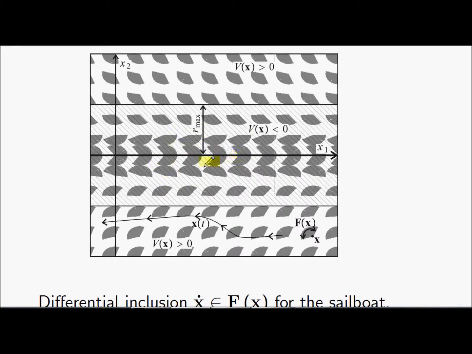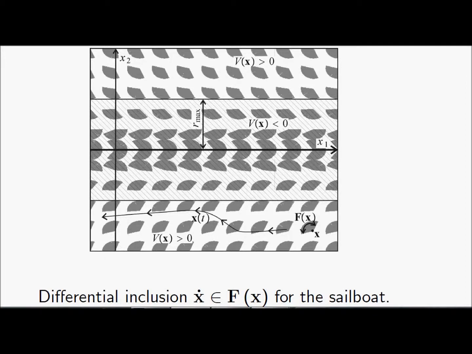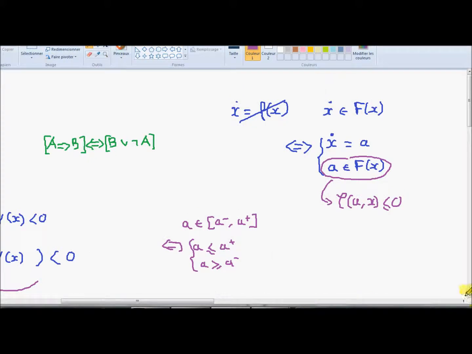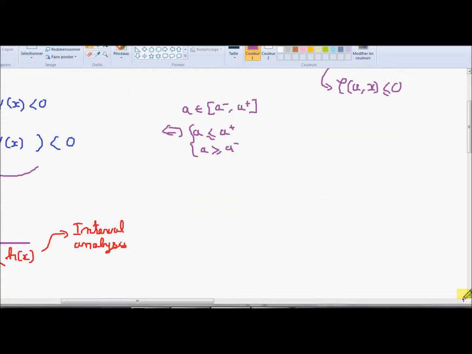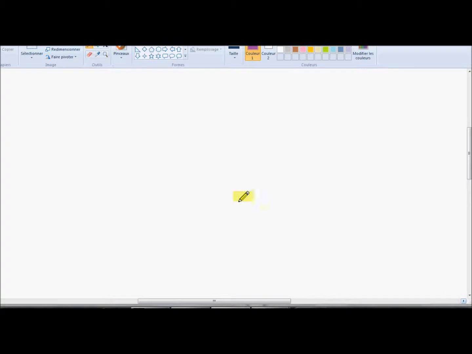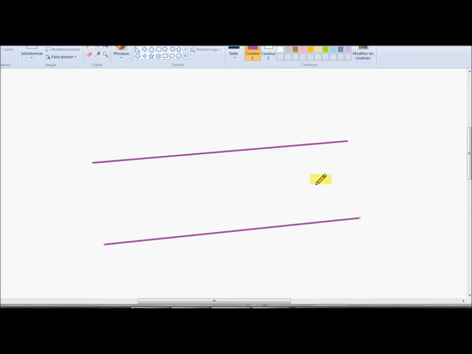In this case, I have represented here V of x, which corresponds to the example I have for my boat. I have a corridor. I will draw the corridor like this. This is the corridor. And I will try to represent the function I want to deal with.